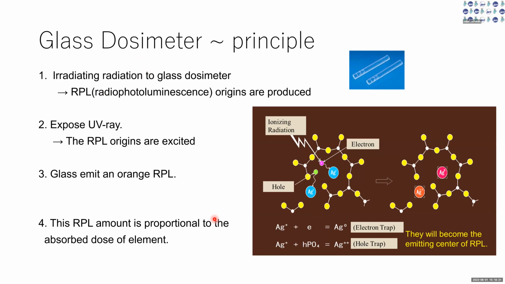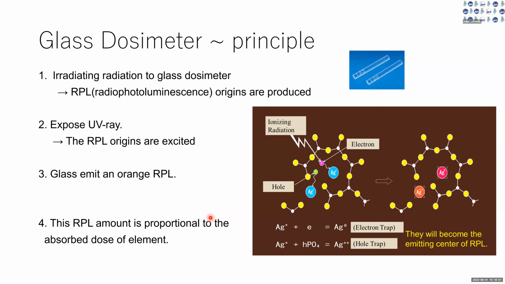Therefore, the number of RPL centers stays constant. This allows repeatable, infinite numbers of readings of the same irradiation. Usually, the output of the glass dosimeter is the average of 5 sequential readings.